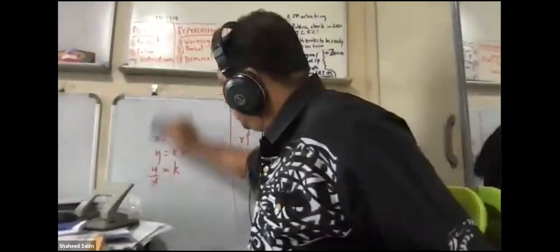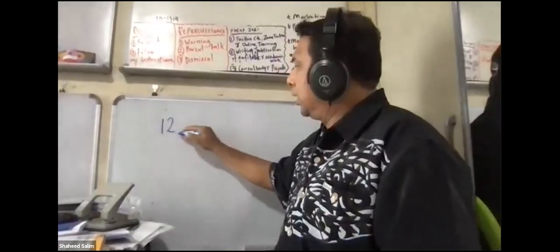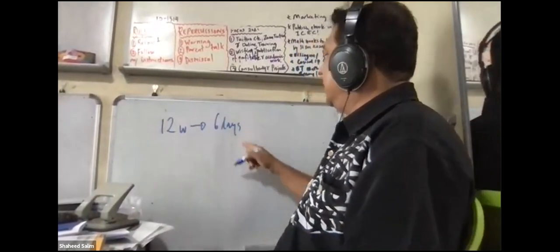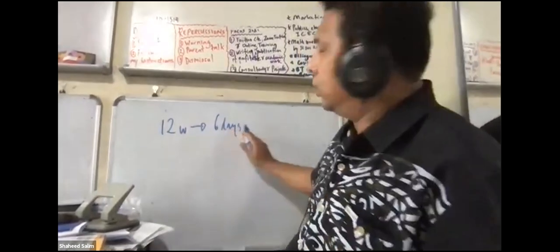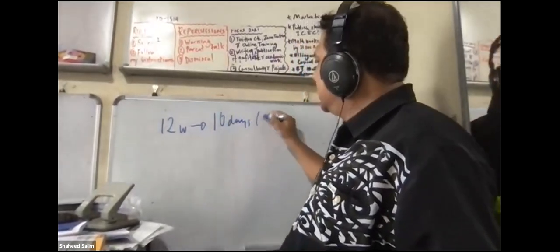Okay, one, let's assume now you have 12 workers, right? They take 6 days, right? And then 6 hours a day. They take 10 days, right? And this is 6 hours a day.